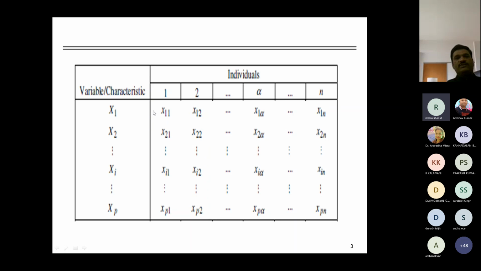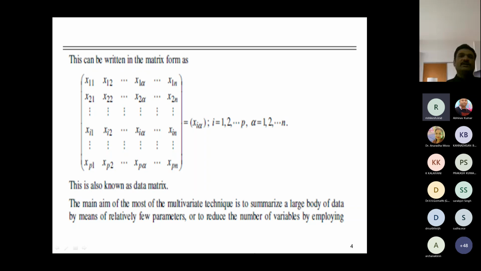So the first value here is x11. Then the second value is x12, meaning the value of the characteristic for the second individual, x12, x1 alpha, x1n, and so on. This is the representation.